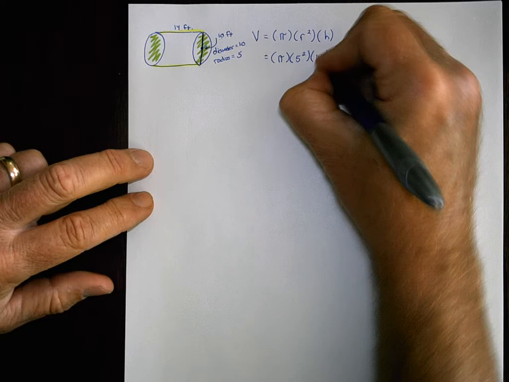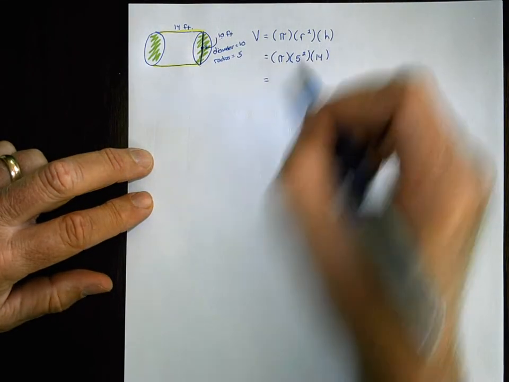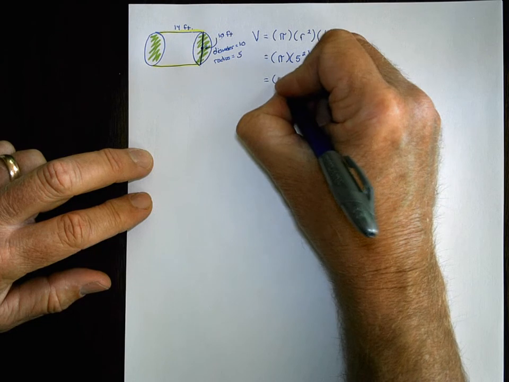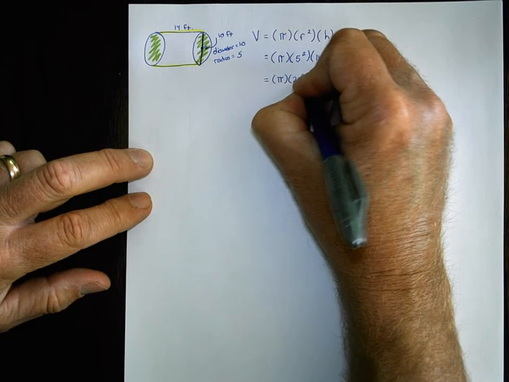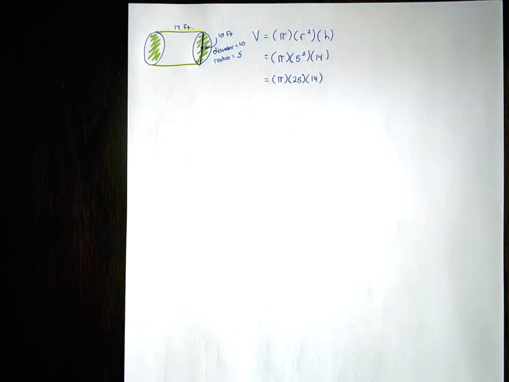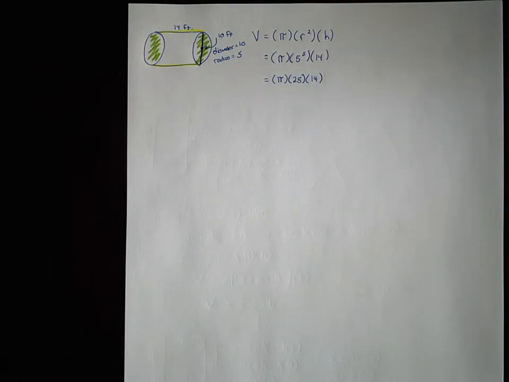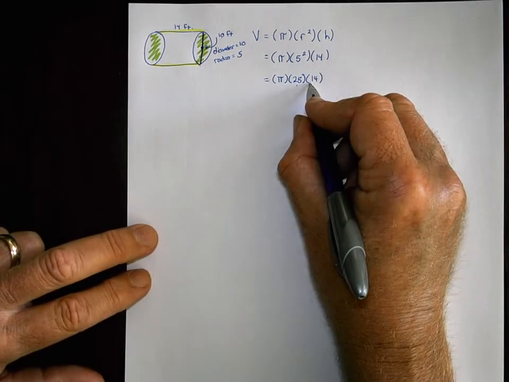And then to work this out, I'm going to follow the order of operations. Do the exponent first. 5 to the second power is 25. So then we're going to have pi times 25 times 14. And then I'm going to multiply the 25 times the 14 together. I'm not going to multiply the pi yet. So 25 times 14 is 350.